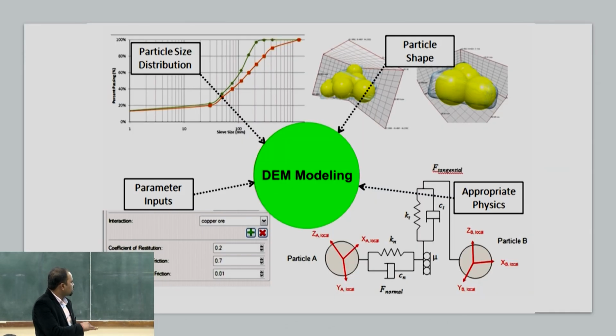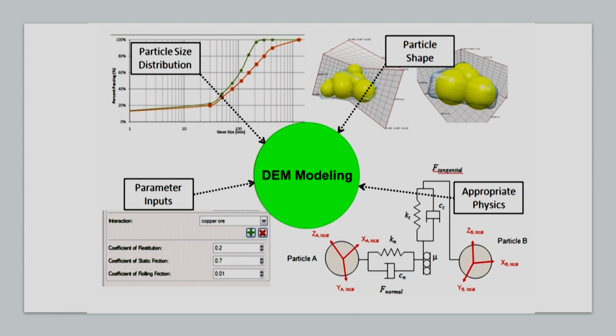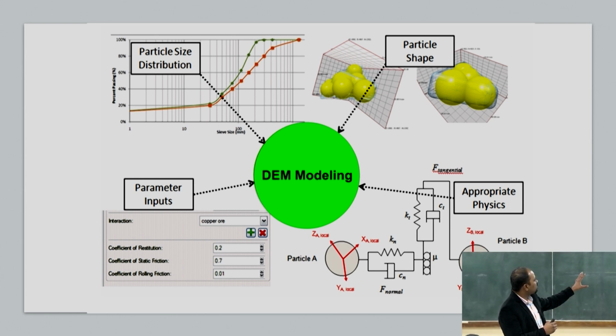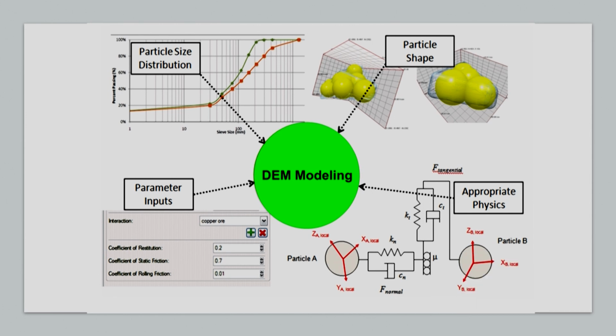This slide shows the overall thing in DEM modeling and simulation. You need some input parameters, appropriate physics, that means the contact model, which we need to define. On the top you can see the particle shape, as talked about in the earlier lectures. If the shapes are a little different, we may get a different result. Of course, there is variation in the results, it can vary from 10 to 40%.